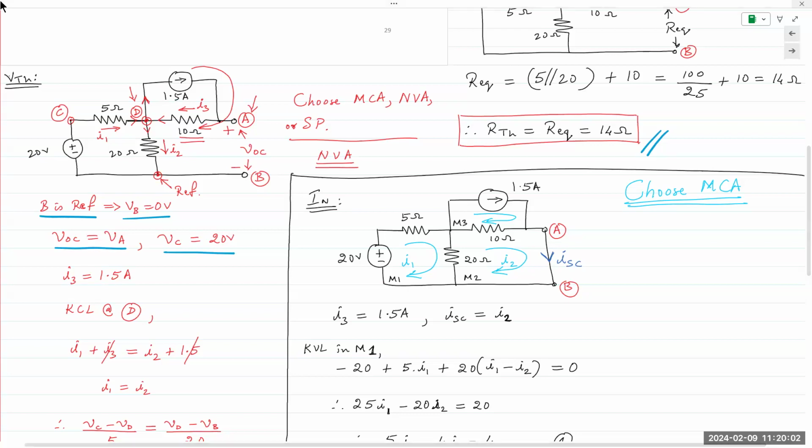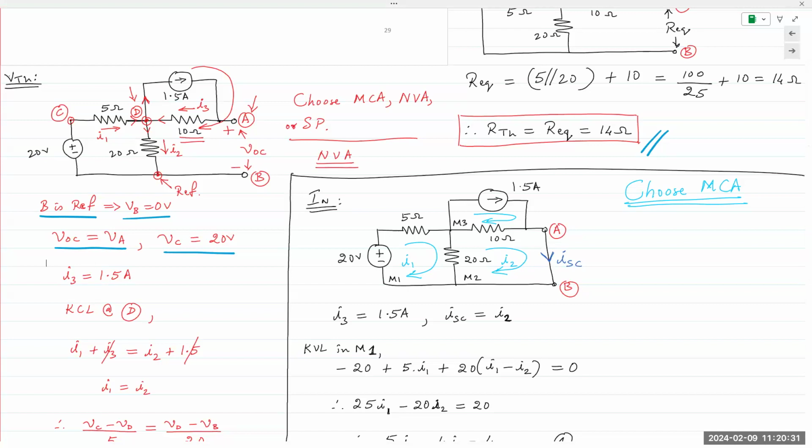And that simplifies my circuit. Make sense? Right? So out of 4 nodes, A, B, C, D, I eliminated B by choosing it as a reference node. So that's 0 volts, and then automatically gives me VC as 20. So I have two unknown variables, right? Two unknown variables.